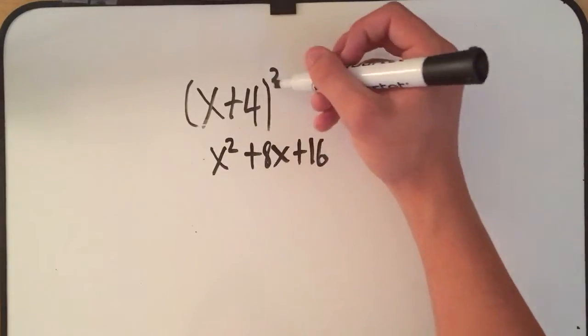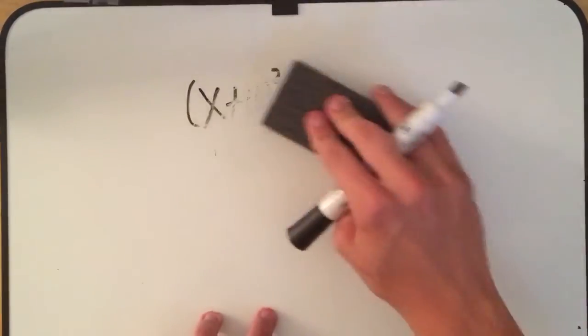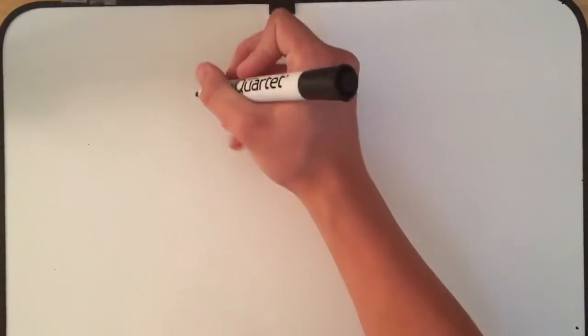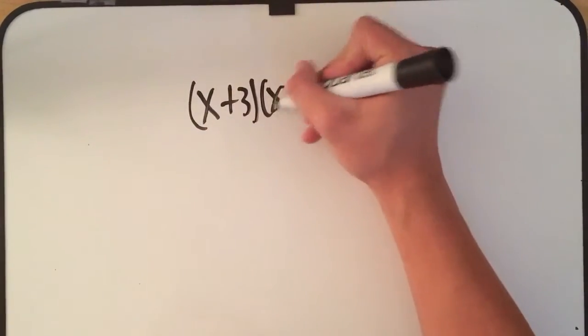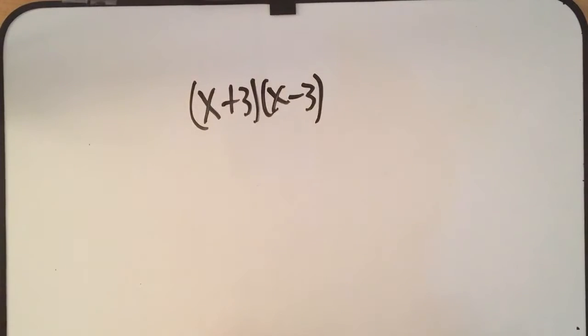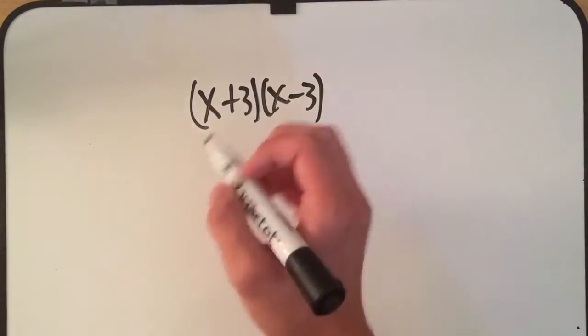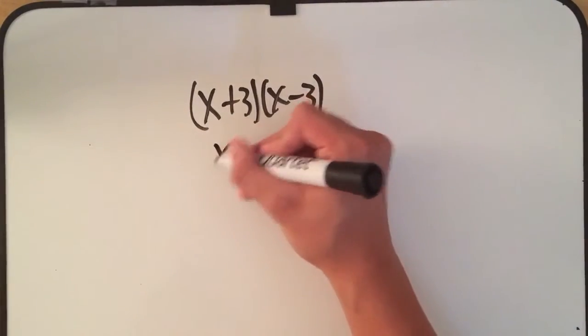But if it had another problem, such as x plus 3, x minus 3, then we have a different situation. And this will go into my next example, and another way you can make math a little bit easier. So you'd start off by foiling.